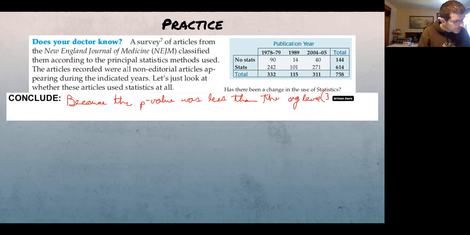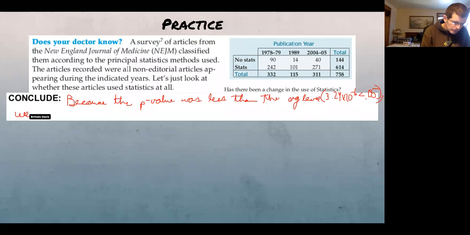I guess I should run it real quick. 3.24 times 10 to the negative 6th is less than 0.05. We reject the null hypothesis.